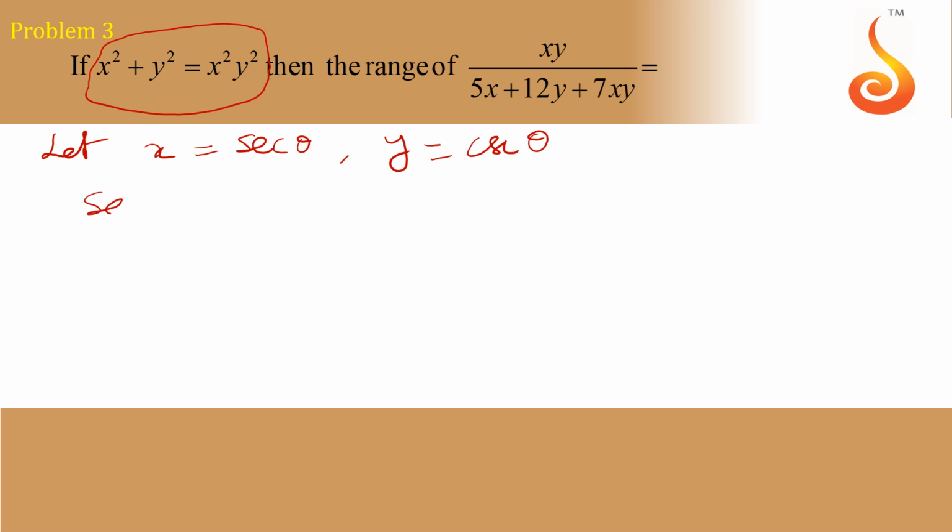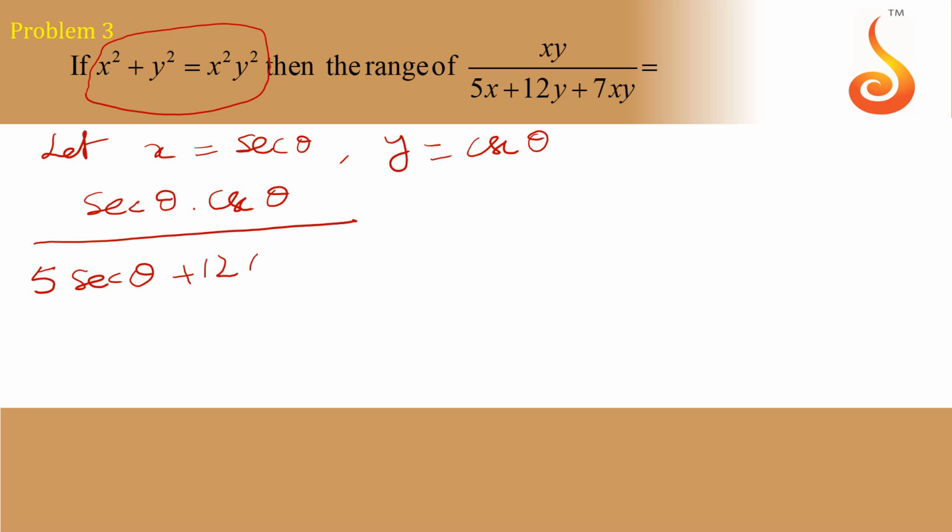So it is secant theta into cosec theta divided by 5 secant theta plus 12 cosec theta plus 7 secant theta cosec theta.